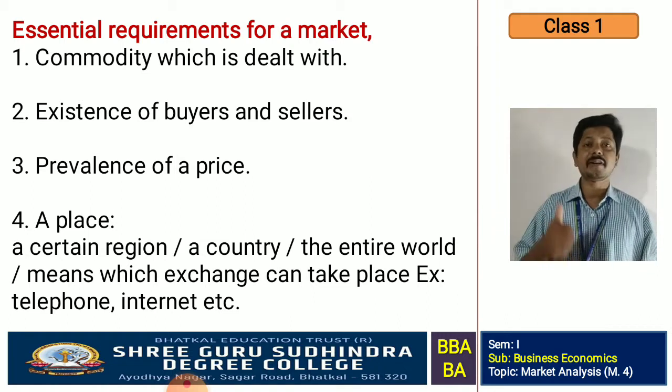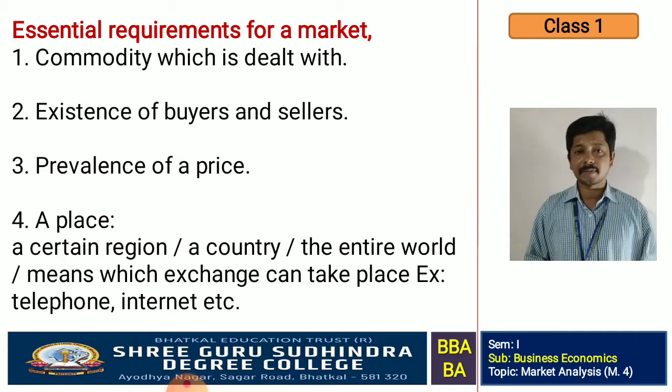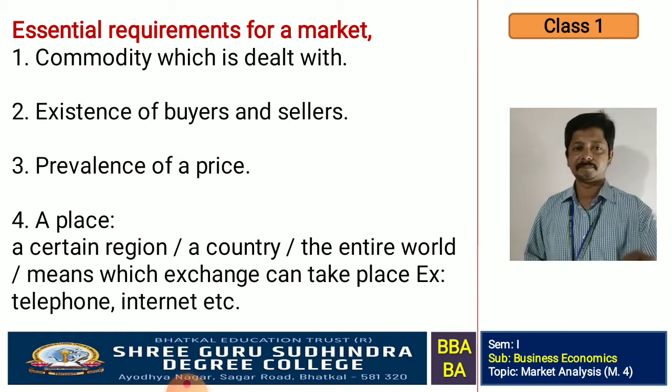First one is commodity, goods or service; existence of both buyers and sellers; prevalence of a price; and a place. Place means a physical place or other modern mode of contact. It may be telephone, internet, that means online.